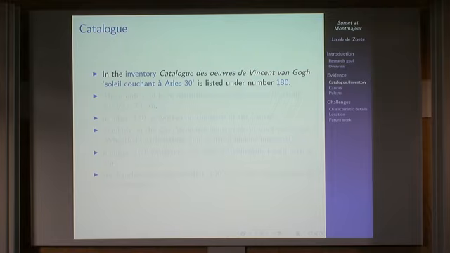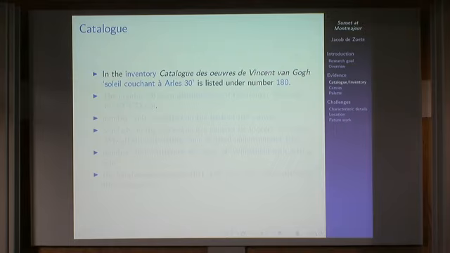So after Van Gogh died, all of the paintings that he had in France were sent to an apartment in Paris, and there the wife of his brother, Jo Bonger, started to make an inventory of all the works that they had there, and they put it in a little notebook, which they still have at the Van Gogh Museum, and they just wrote down, well, this is this, this is that.